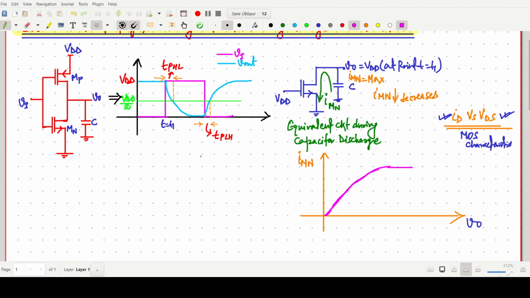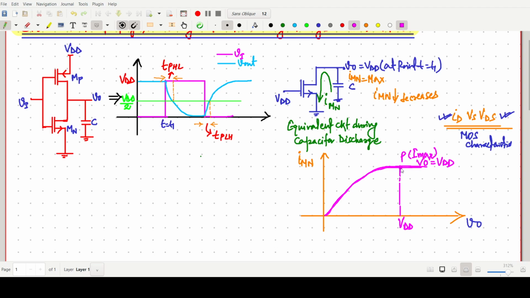For the time being, we can say that at some point, say P, it has the maximum current I max. At this time the V naught value is VDD, so the current for this VDD is maximum here.